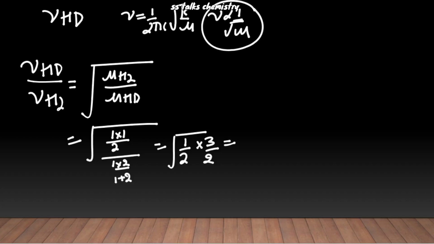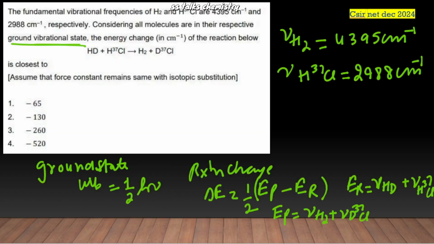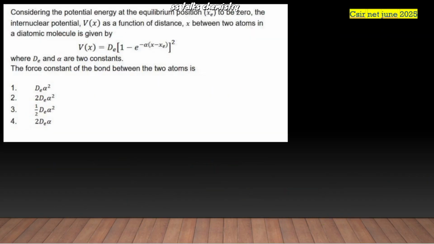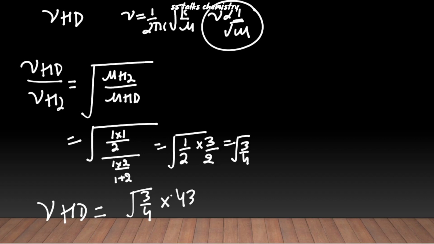So root of 3 by 4 times the stretching frequency of the H2 will give me the stretching frequency of the HD, right? 3 by 4 times the stretching frequency of the H2, which is 4395 centimeter inverse. Solve this and you will get 3806.18 centimeter inverse. So this is the stretching frequency for the HD.